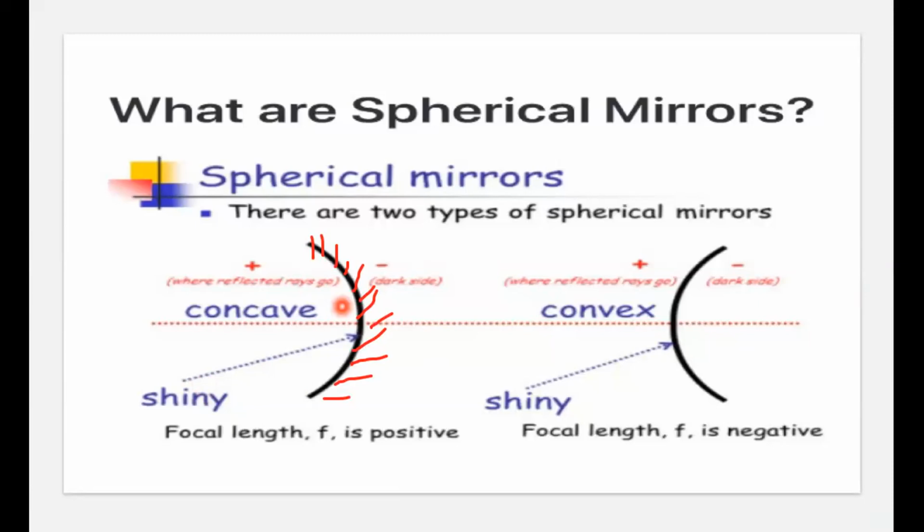This part is shiny. Okay, so definitely it is forming a cave-like structure also. So in such a case, we call it a concave mirror.